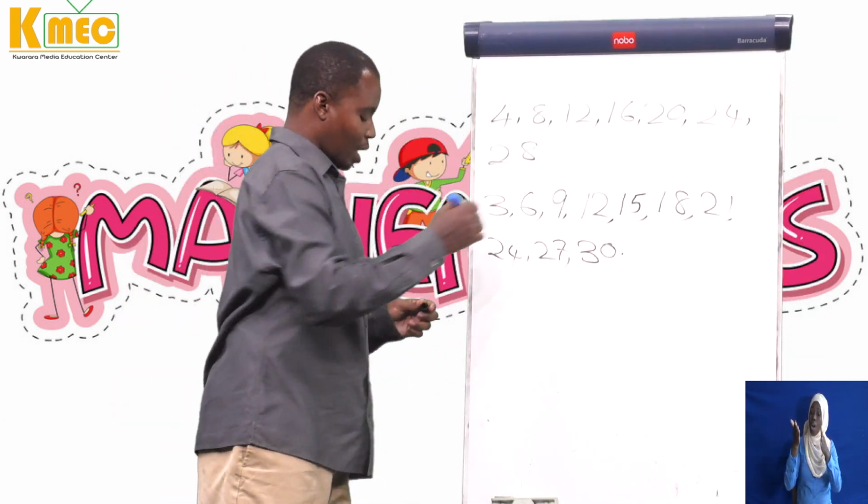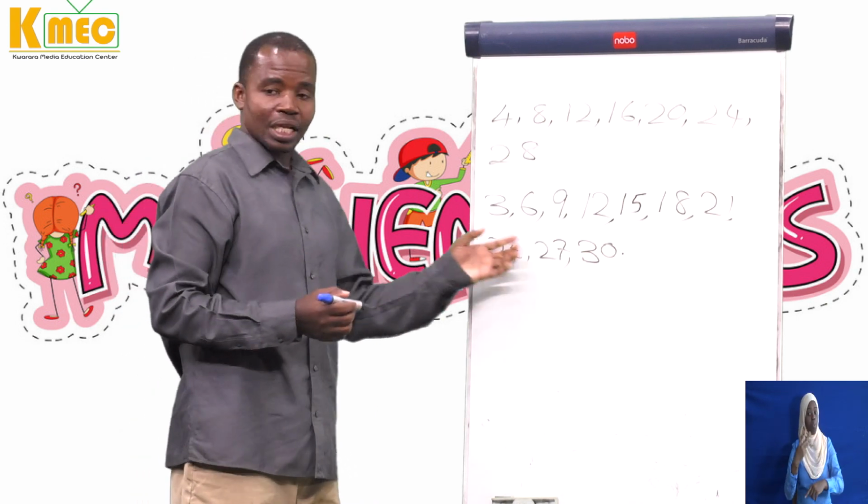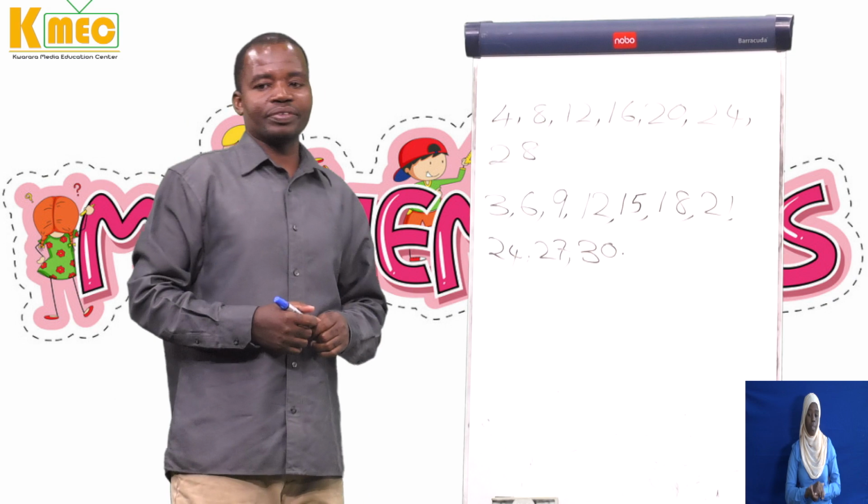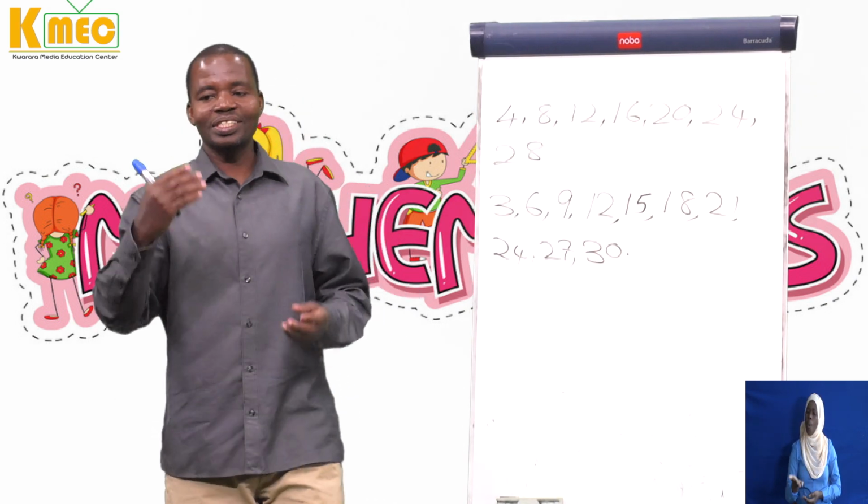So here are multiples of 3 less than 31. Very good.